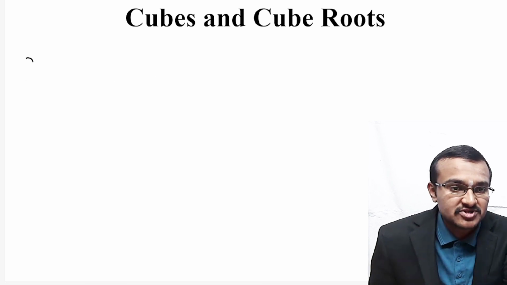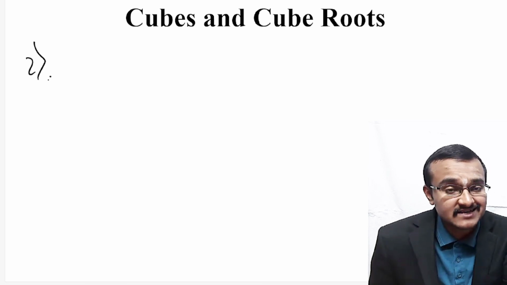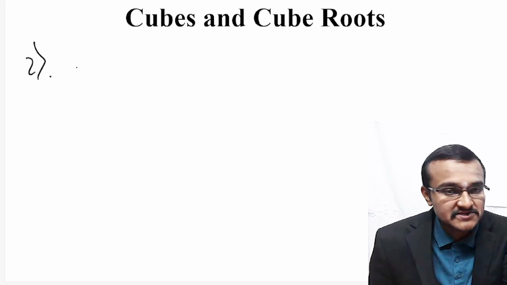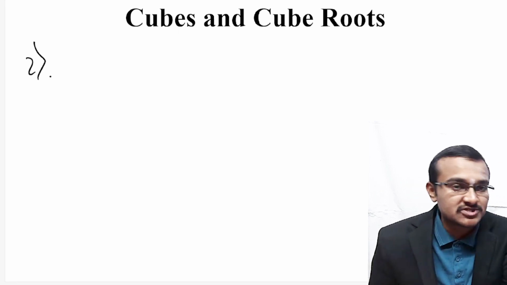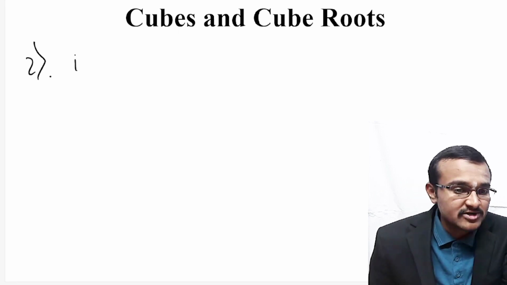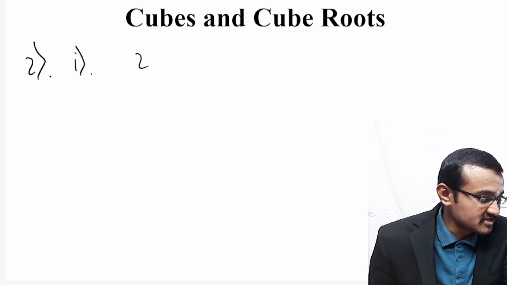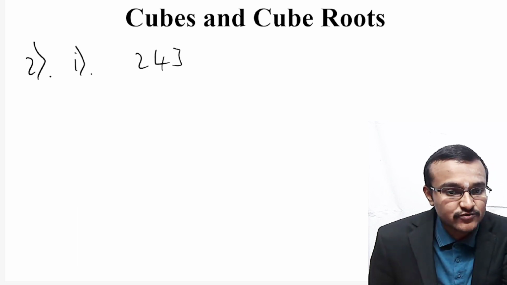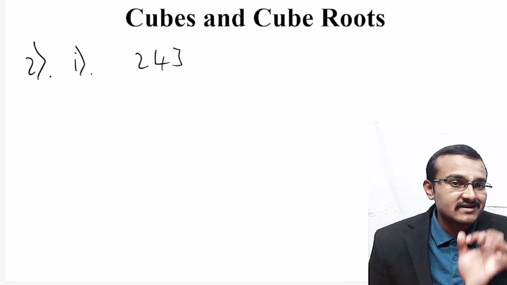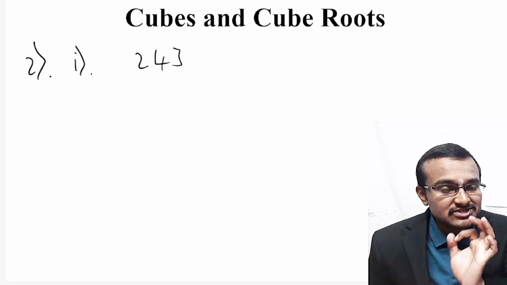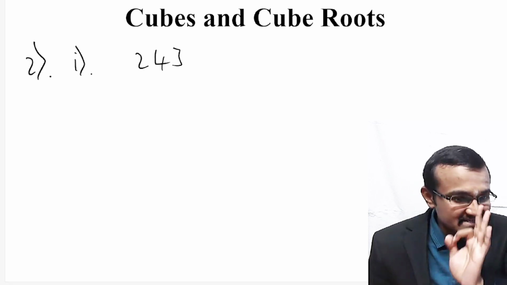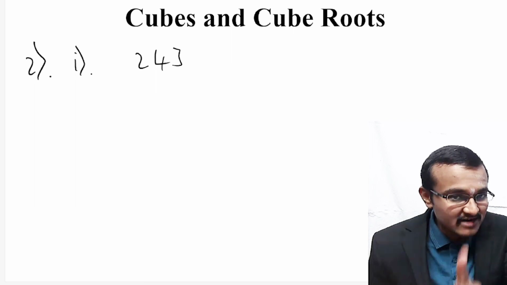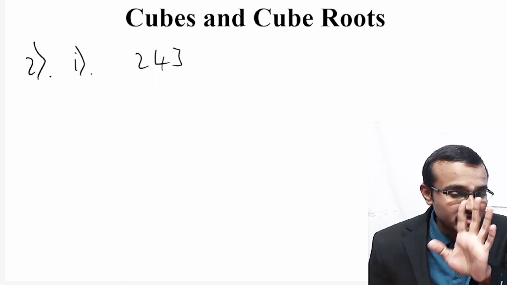So coming to the second question in this particular exercise, they have given 5 parts. I will solve 2 of them, and the remaining 3 you can similarly solve. Coming to the first part in this second question, they have given 243 as the number. Here in the second question, you should find out the least number which should be multiplied with the given number to get a perfect cube.